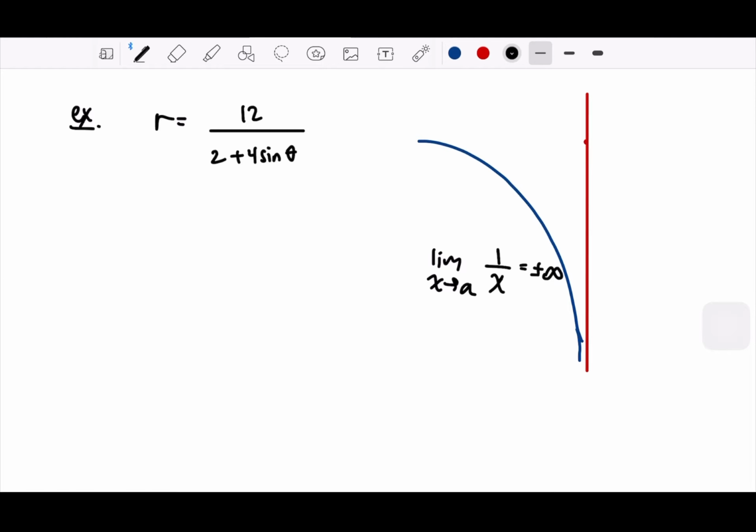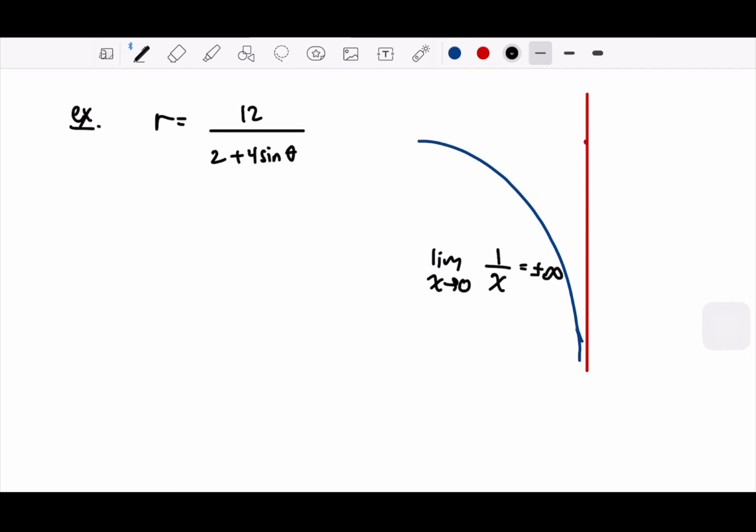Of course, maybe not a, maybe just 0 to give you an easy way to look at it. When this happens, then you know that the limit is at x equals 0, or the asymptote is x equals 0.